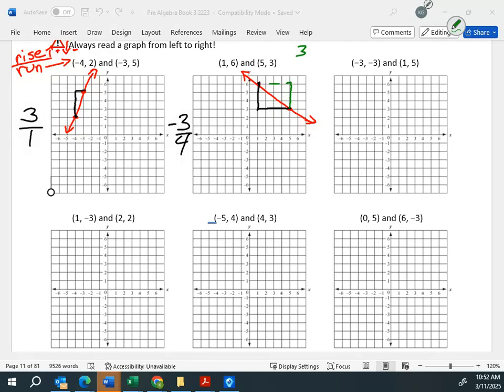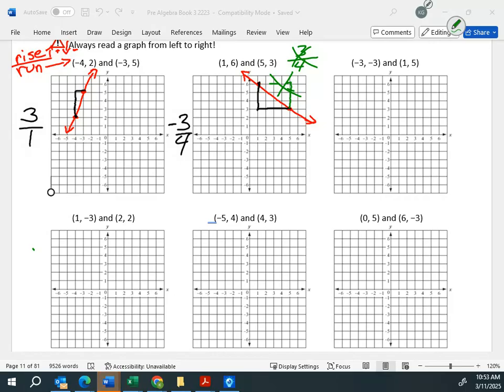But if I go up, it's a positive. That's not a positive slope, it's a negative slope. But because I went backwards, I got the wrong answer. Do not go backwards. Okay, always start on the left and go to the right.